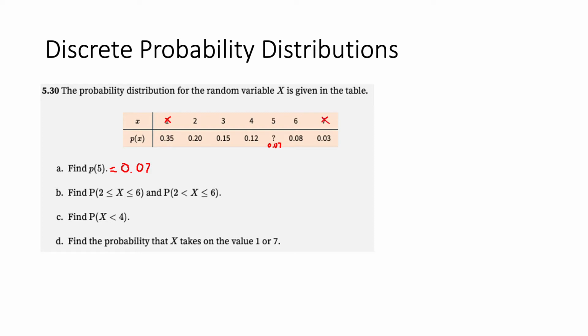No. Okay, all of the other ones satisfy this criteria, so we can just gather them up, add them together, and get our answer here, which is 0.52. In a similar way to the way we solved the first question, what we could have done is added up our 0.35 and our 0.03 and subtracted that from 1. That would get us this remainder here, and that might be fewer steps.